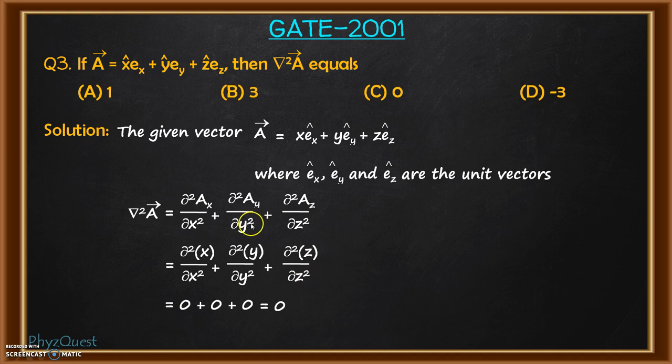Here the functions differentiated are x to the power 1, y to the power 1, z to the power 1, and they are to be differentiated with a second order derivative, so the derivative has the higher order. If you remember this trick, you can answer just by looking at it. So the final answer of this question is 0, which is option C.